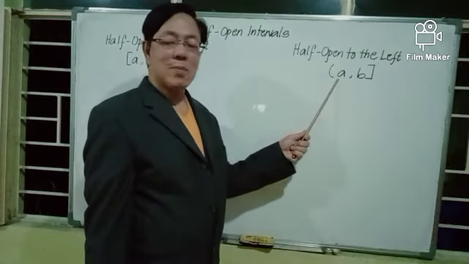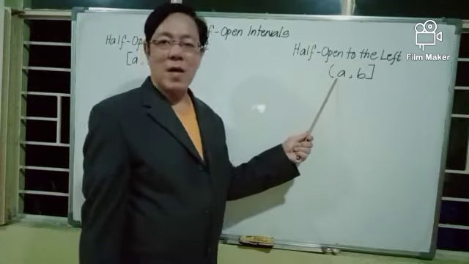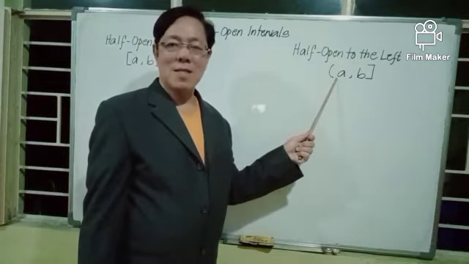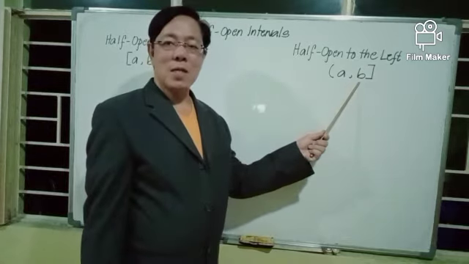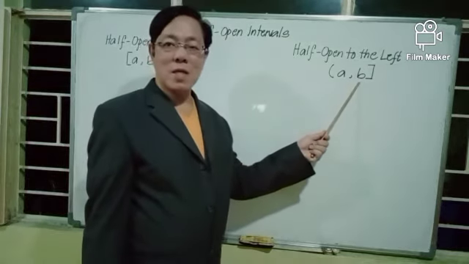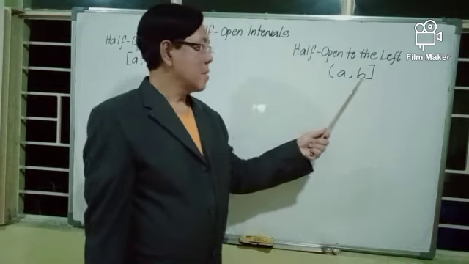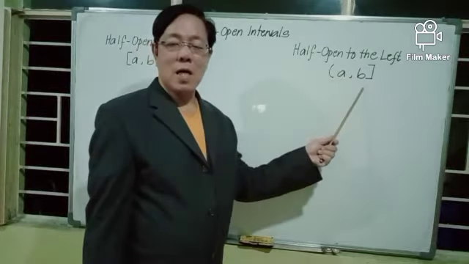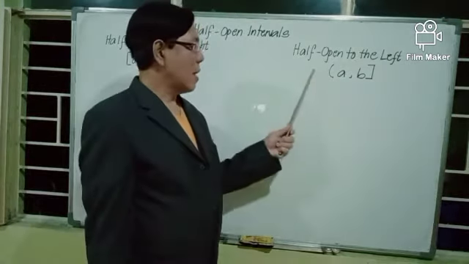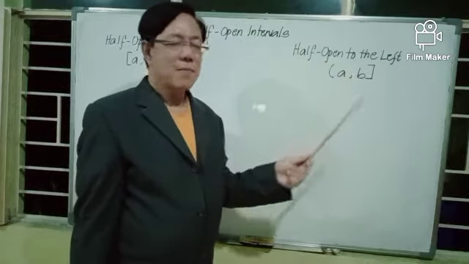So this interval notation is open at the left, which means that the left endpoint or the real number A is not included. And the right endpoint is included in the set as indicated by this bracket. It's open to the left but closed at the right endpoint. And this interval is called half open to the left.